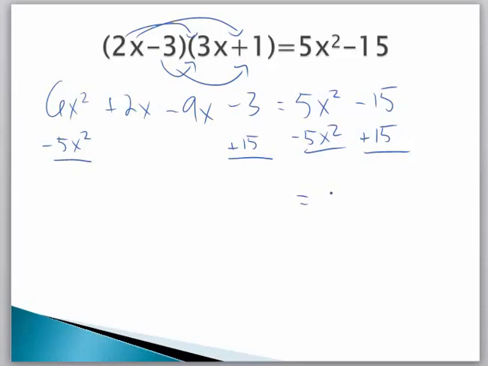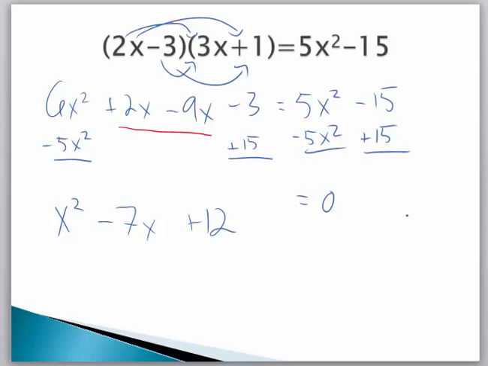That'll give me my 0 on the right. I notice I also have like terms here, so I'm going to combine them. I'm going to do that all at once. So 6x squared minus 5x squared is x squared. Combine those two, I get a negative 7x. And then negative 3 and 15 is positive 12.